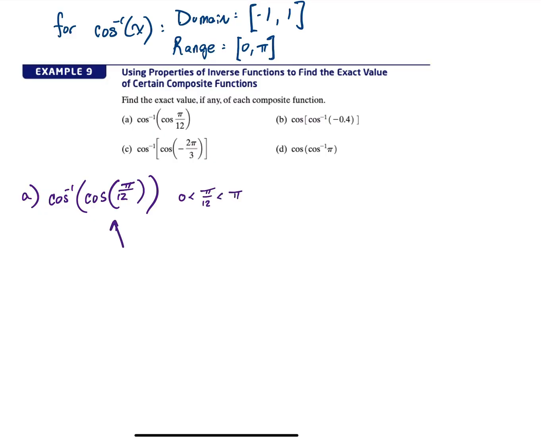It's in the allowable range of the inverse cosine. So these will undo each other, and we can just say this will be equal to pi over 12. So we're just checking that this angle is in the range of the inverse function on the outside.